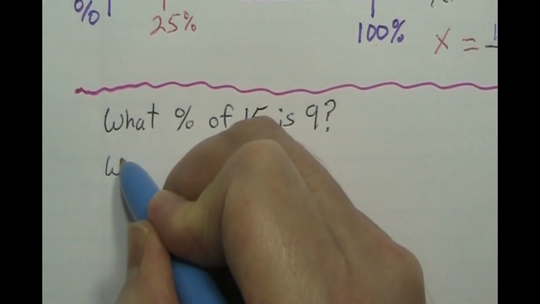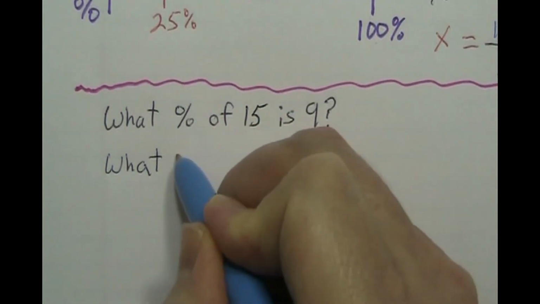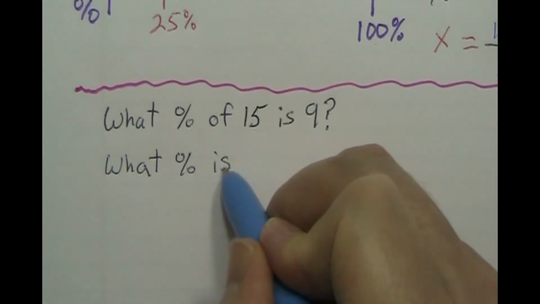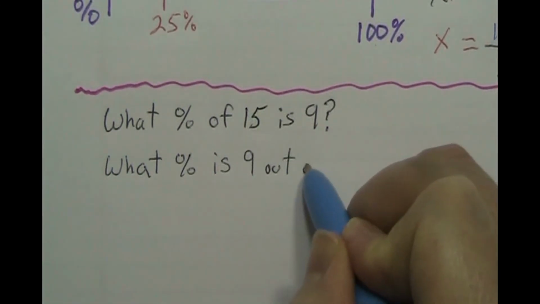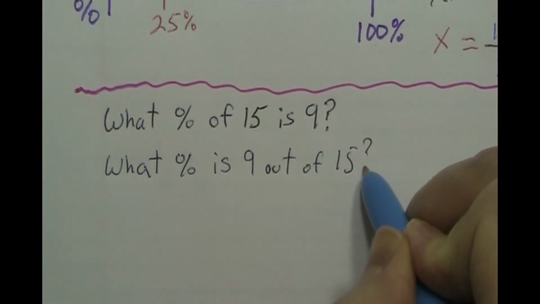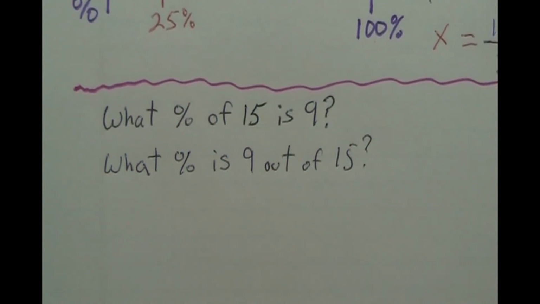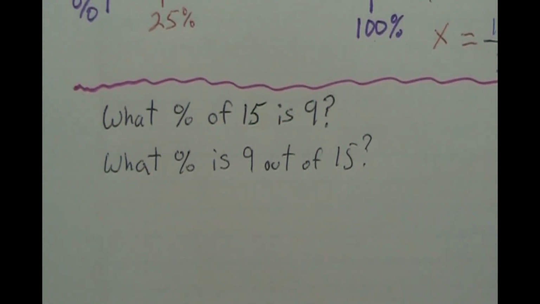I think it makes more sense to rewrite it like this: what percent is 9 out of 15? This is more the type of question that you and I would say, but not workbooks.